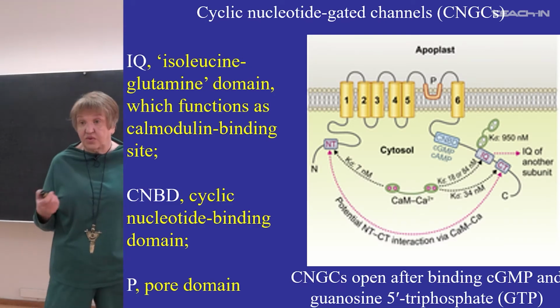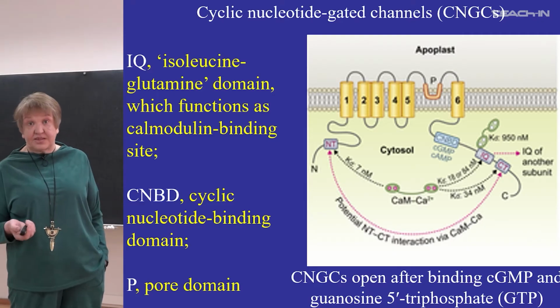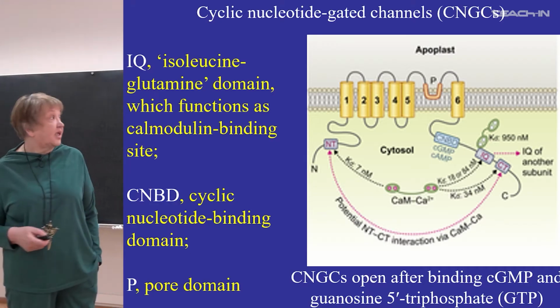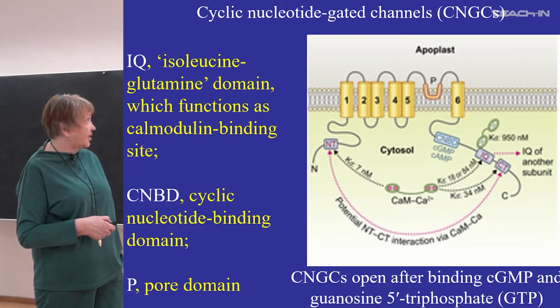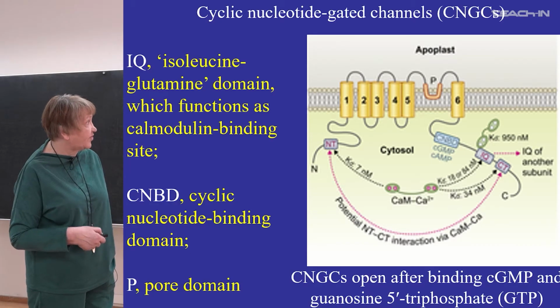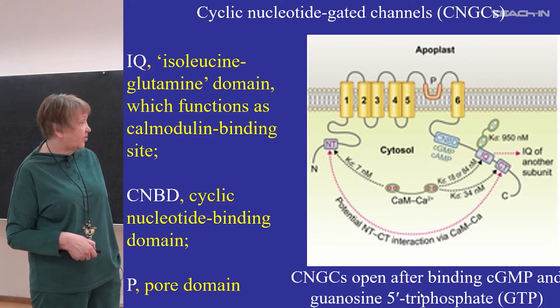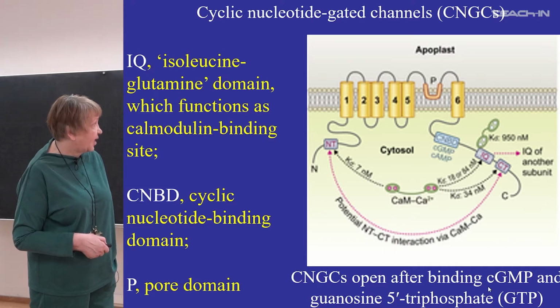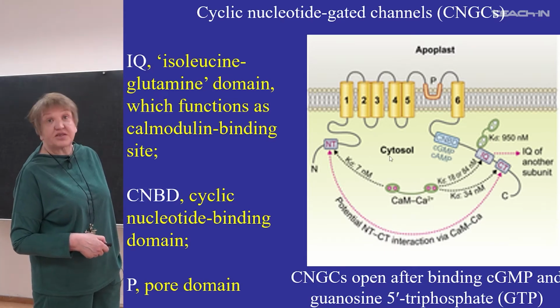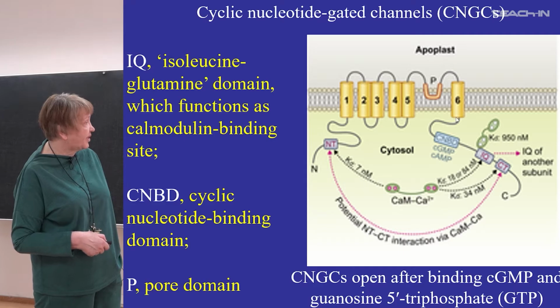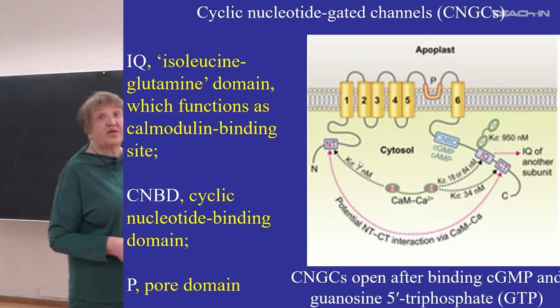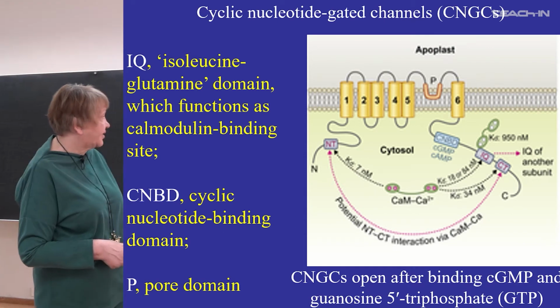As the name suggests, these channels are regulated by the concentration of cyclic nucleotide, which is cyclic GMP or GTP. You see there are 6 transmembrane domains, pore domains, and a big cytoplasmic site with the regulation domains.